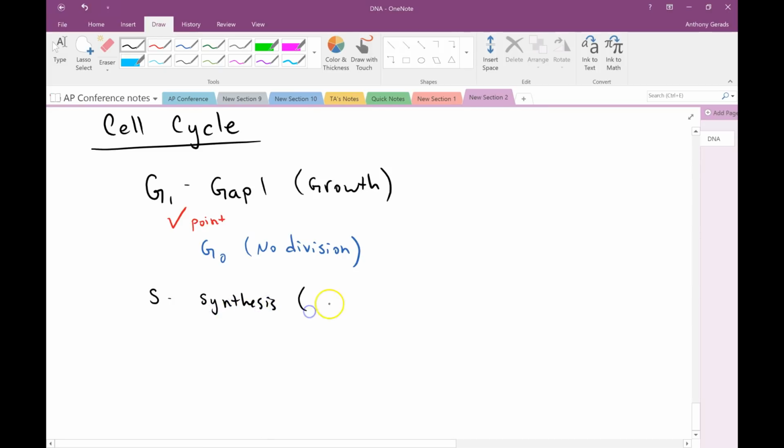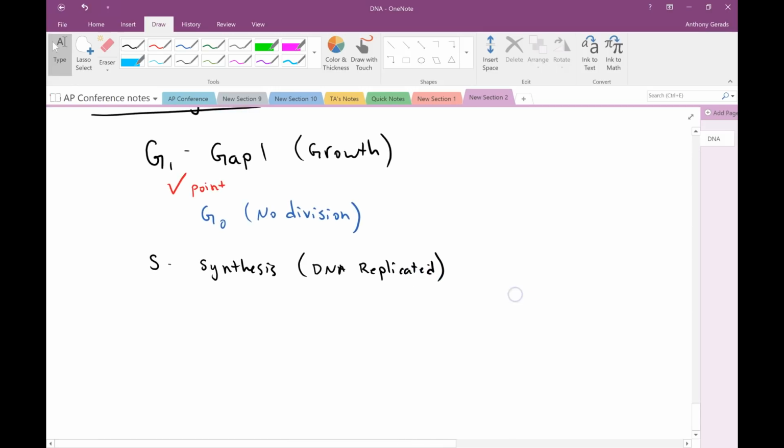Okay, so during that stage, DNA is replicated. There's no checkpoint after this, but now it's going to go to the G2 stage, which is gap 2, which, more growth.